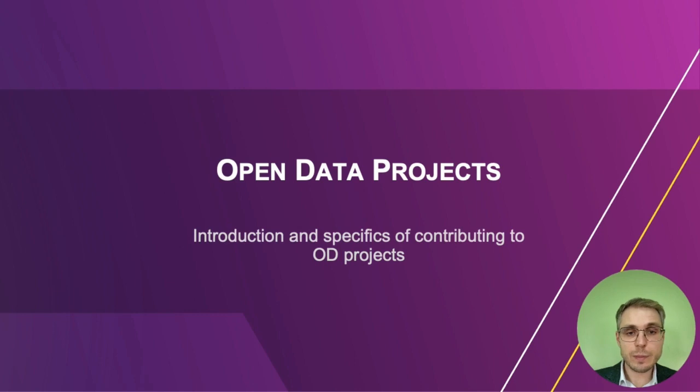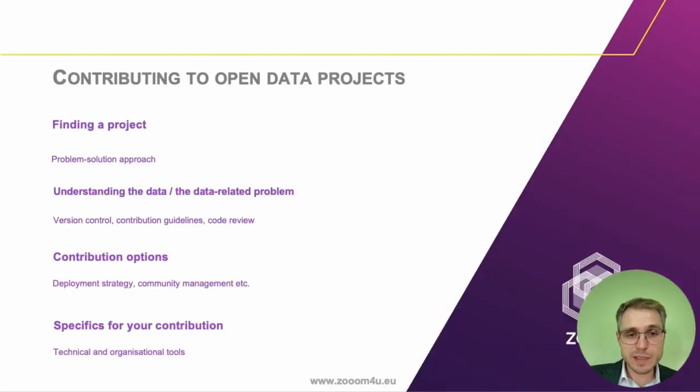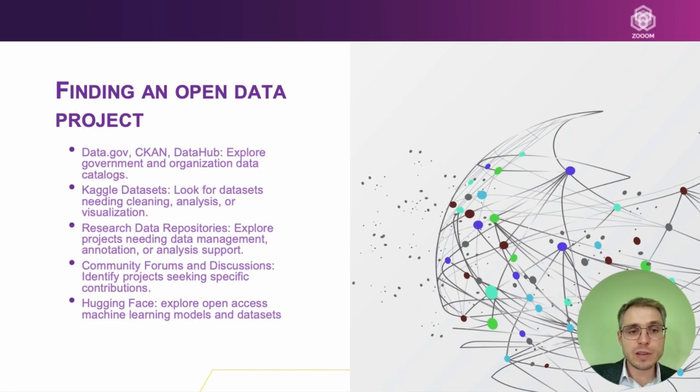Now, similarly, for open data projects, there are specifics which, in terms of finding a project, involve identifying the type of open data project that exists out there. For example, we have things like the Kaggle datasets, where you may be looking for datasets that need cleaning or analysis or visualization, which are, again, equally valid contributions to open data projects.